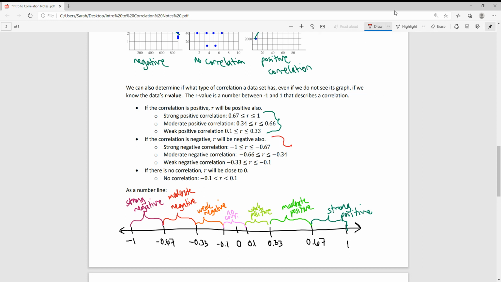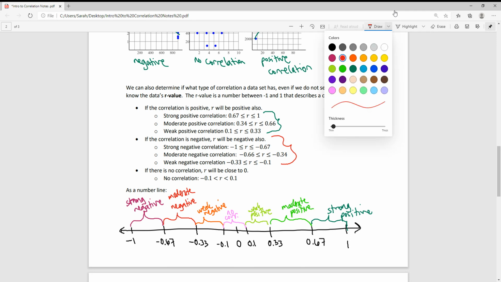You have the same idea on the negative side for negative correlations. Any R values between -0.1 and -1 are going to be negative correlations. And then they're strong, moderate, or weak depending on where they fall in between those two numbers.